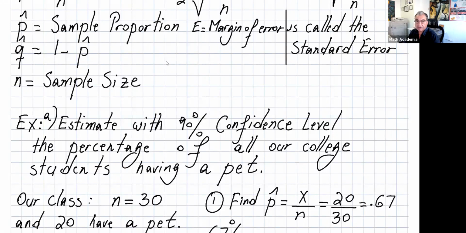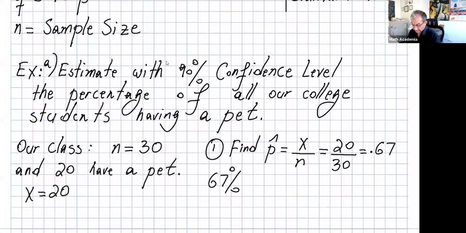It's very hard to go and survey all 20,000 of them. So what I need to do is pick a sample, and the best sample is probably our class. So I asked the question, let's say we have 30 students in our class, how many of you have a pet? 20 of you say, I do.